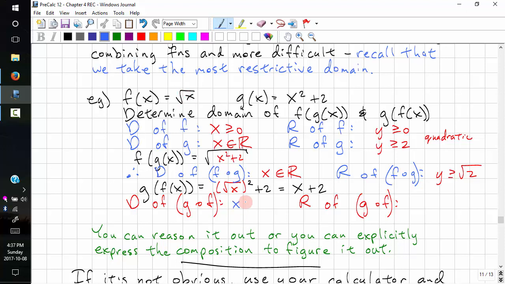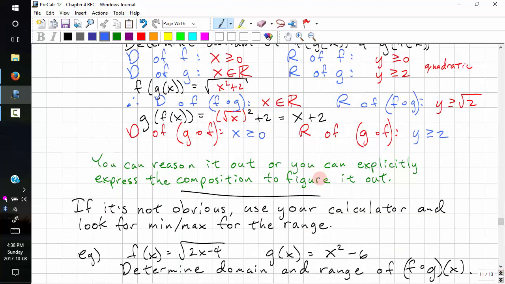So x is greater than or equal to 0. We can't change that inner domain to be less restrictive. Okay, we substitute x greater than or equal to 0 here, and we get y is greater than or equal to 2.